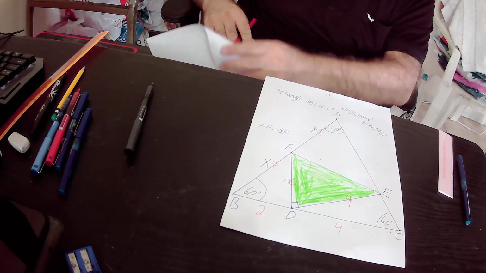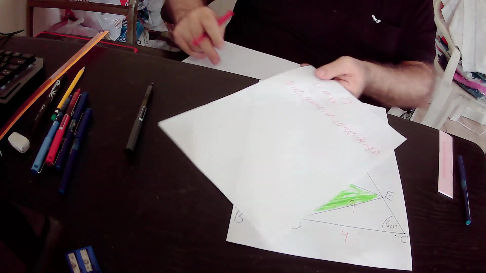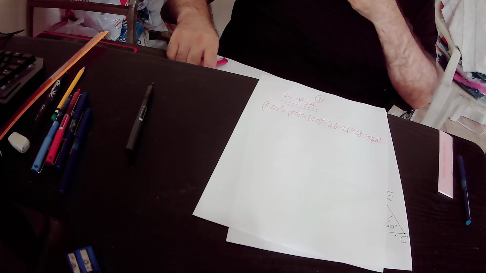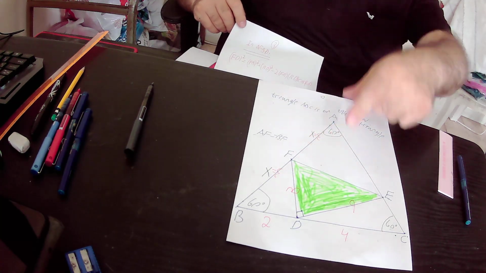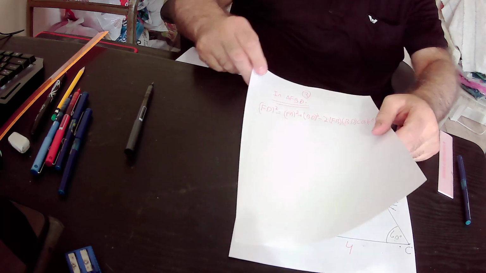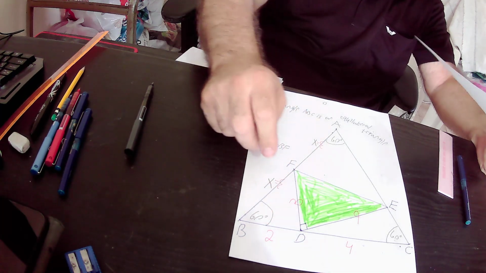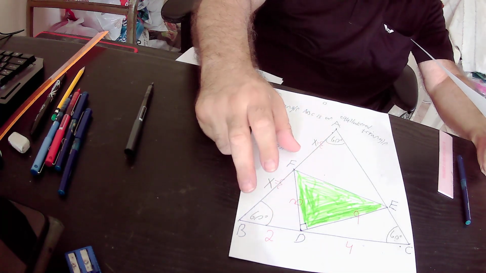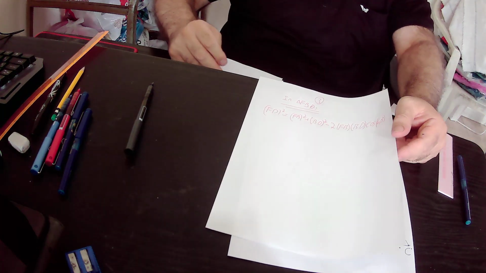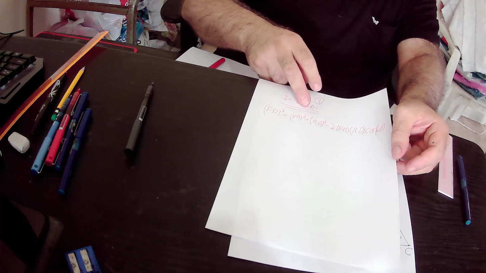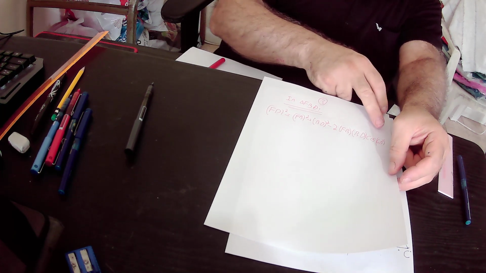Again, in triangle FBD, the small triangle FBD, FD square, that is actually A square, equals FB square plus BD square minus 2 times FB times BD times cosine 60 degrees.